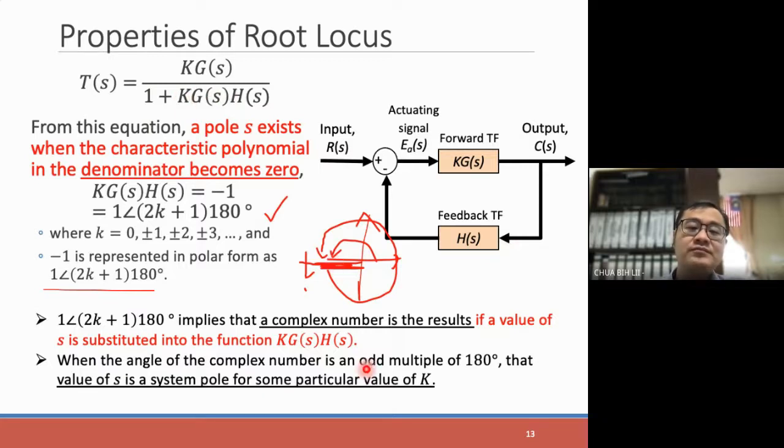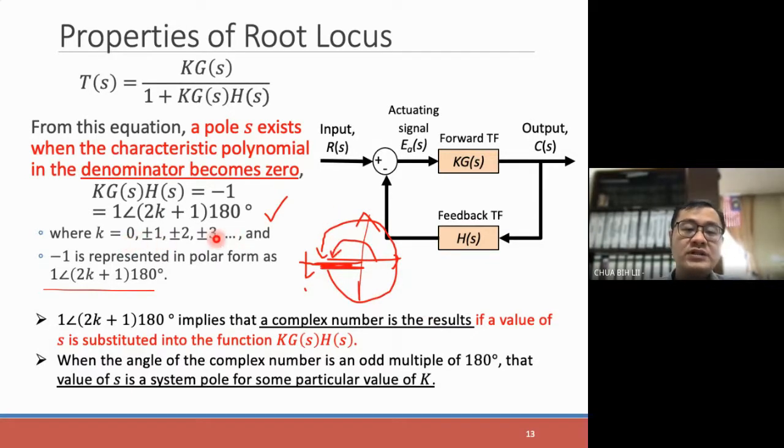So again, you may not see it, so I will just quickly read through these two terms, then we will go into the next slide to see the examples, right? So when the angle of the complex number is an odd multiple of 180 degrees, you can see that an odd number of 180 degrees refers to again polar, so it can be 1, 3, 5, and so on.